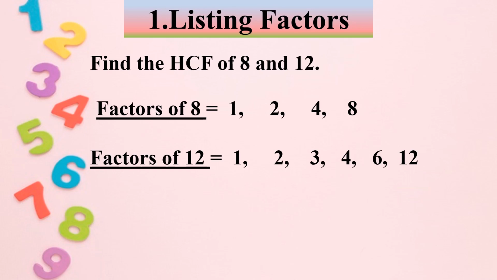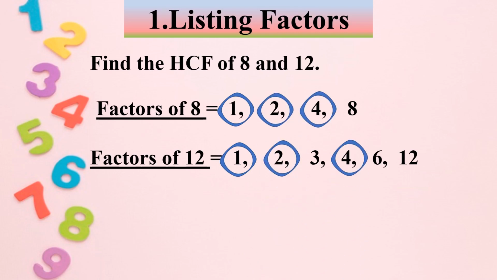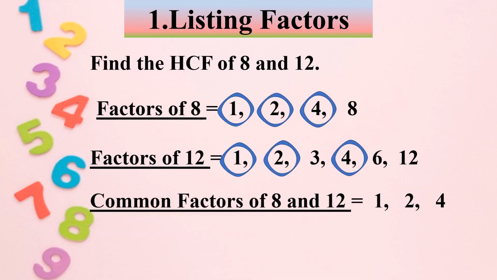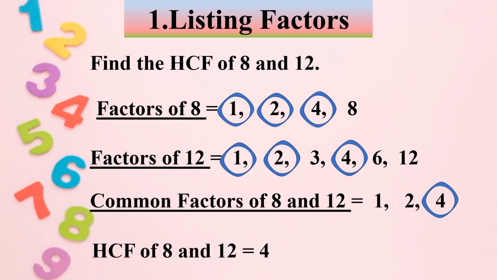Now there are certain factors which are common in both 8 and 12. We call them common factors of 8 and 12. They are 1, 2 and 4. Now in these common factors, 4 is the highest common factor. So the HCF of 8 and 12 is 4.